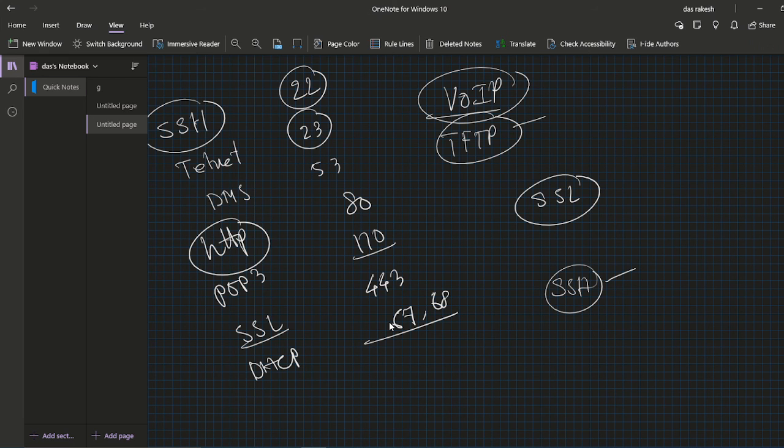VoIP is very important today on the internet. It is known as Voice over IP, and it is used for IP telephony systems. It is a method and group of technologies for the delivery of voice communication and multimedia sessions over Internet Protocol networks such as the internet.